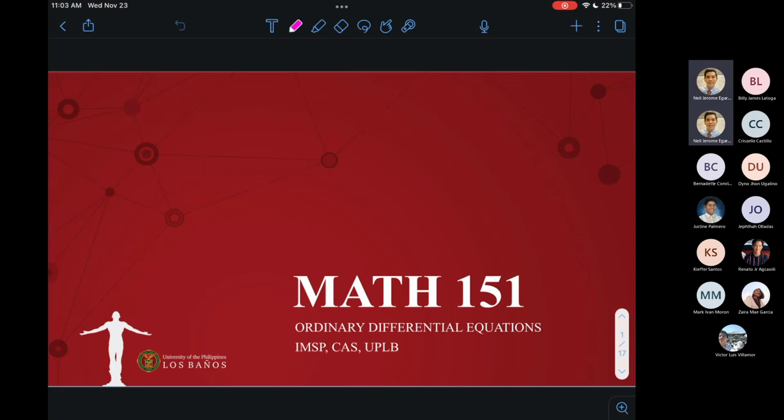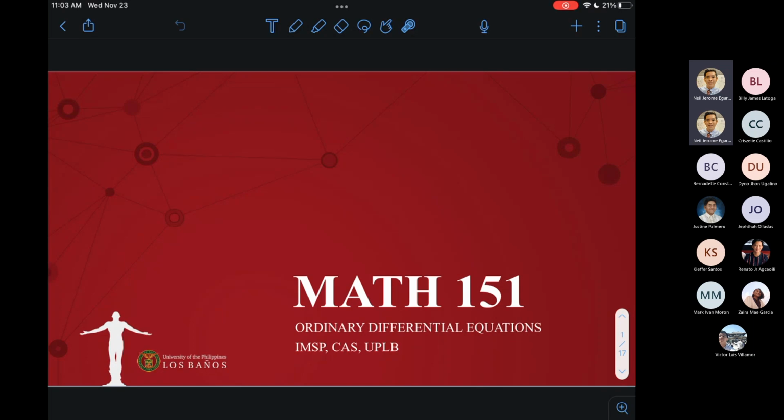Hindi laging nag-work yun. Alright, so di ba meron kang y sub c equals c1 times isang function plus halimbawa c2, another function na nakuha mo sa homogeneous system. Si c1 at saka si c2, binibigyan lamang natin sila ng arbitrary constant values. And then we're hoping that there will exist a v such that v times y1, the chosen y1, is a particular solution.